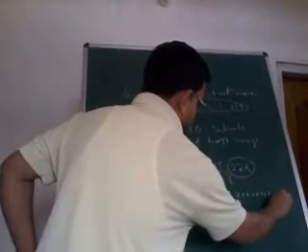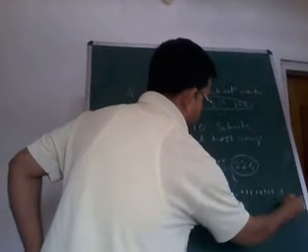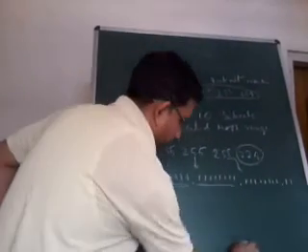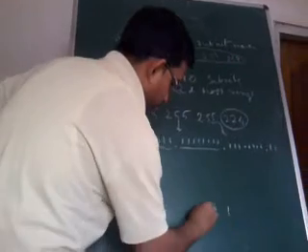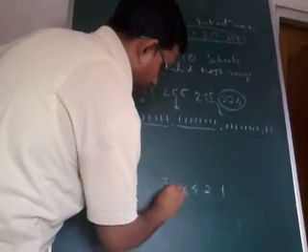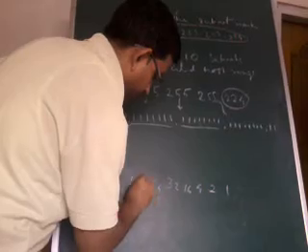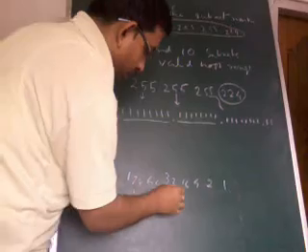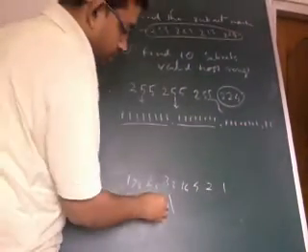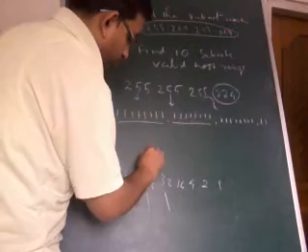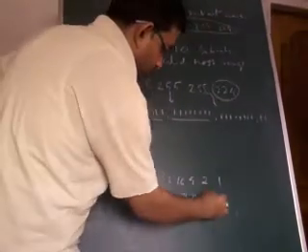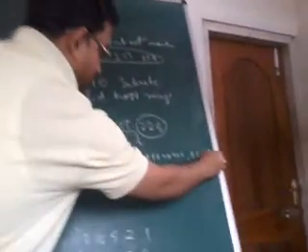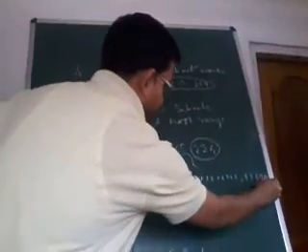To convert it you need 128, plus 64, plus 32. 128 plus 64 becomes 192, plus 32 becomes 224, and the rest of the bits are 0. So I can write this as 111 and the rest 5 zeros.